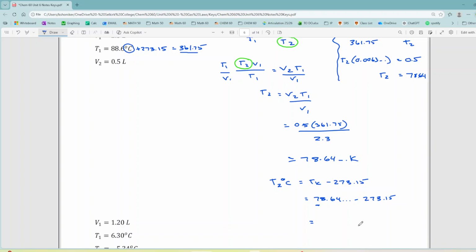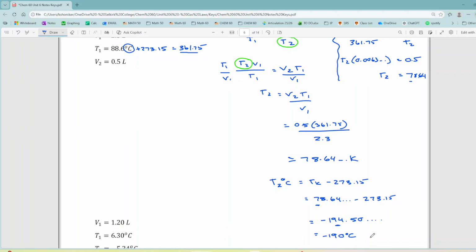So I'm going to plug in this minus 273.15, and I get negative 194.50... which I said that I could do to the tens. So since this answer for temperature was 1 sig fig, this is technically like considered an 80. And so I'm going to go precise to the tens, and I would say this is negative 190 degrees Celsius. The hardest thing about this is the sig figs, to be honest.